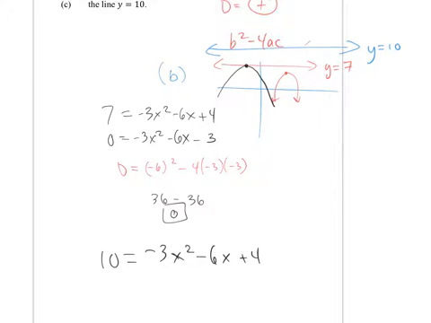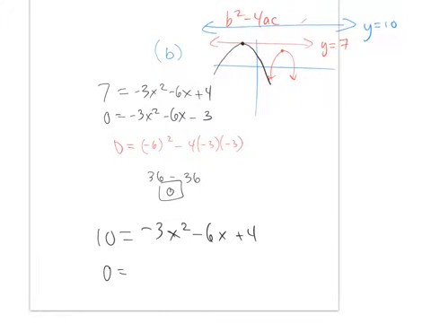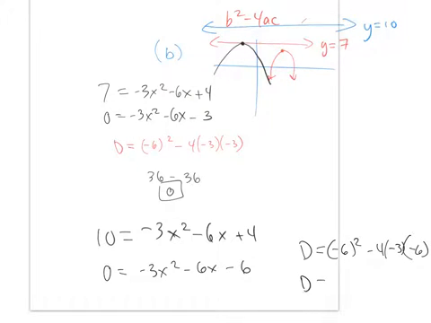Move the 10 over. Find the discriminant. 36 minus, we're going to have 12 times 6 is 72, so negative 36.